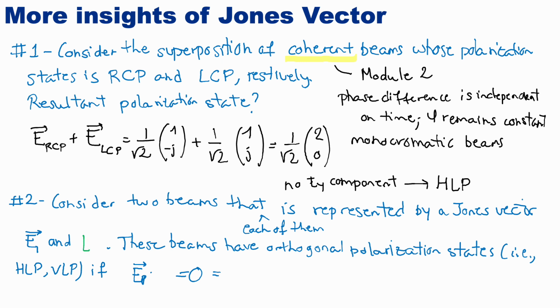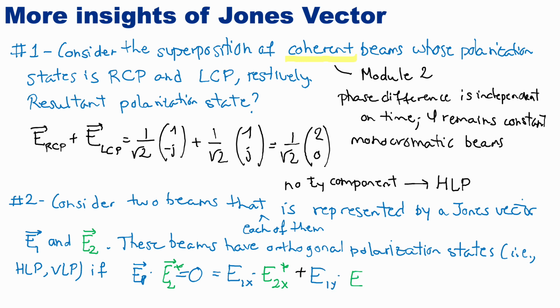So let's assume that here we have E2, and now here I have E2 conjugated. So if we want to express it, the component x of the first beam is multiplied with the x component of the second, conjugated, and we're going to have exactly the same for the y.